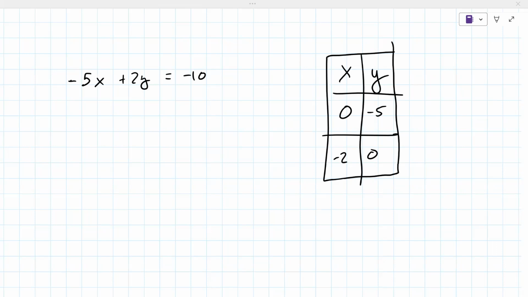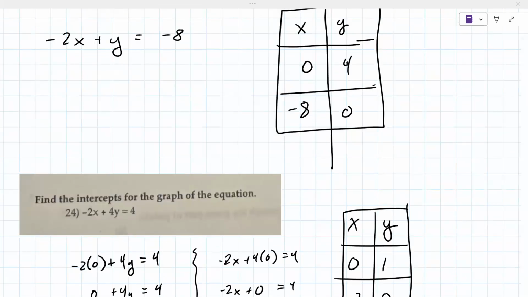How many total problems are in the review? 48 in total. Okay, cool. It looks like, did you send 2 pages?